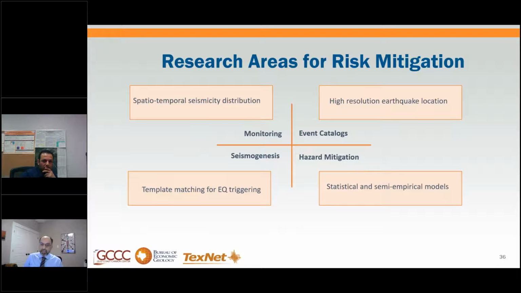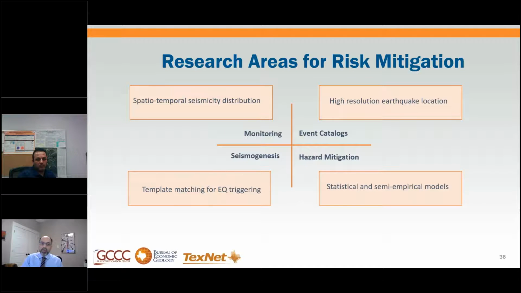Okay, now seismic hazard risk assessment and management. There are four research areas for risk mitigation. The first one is the spatiotemporal seismicity distribution. You have to have a monitoring system that can help you understand where the seismicity is migrating.